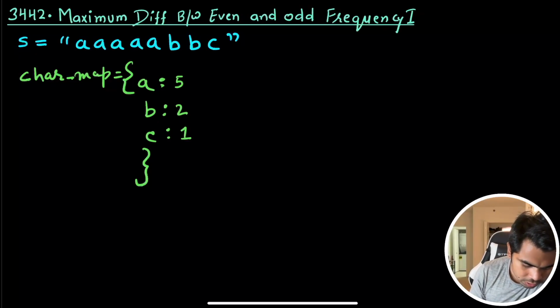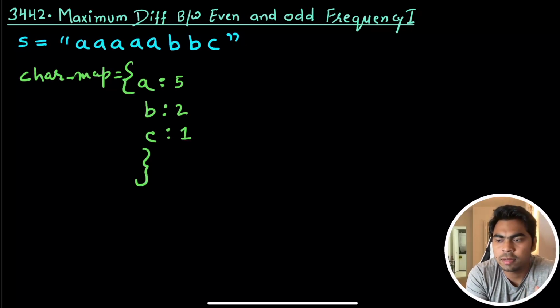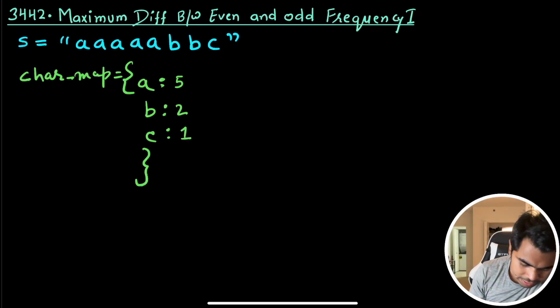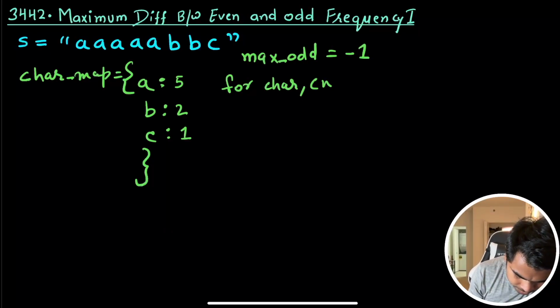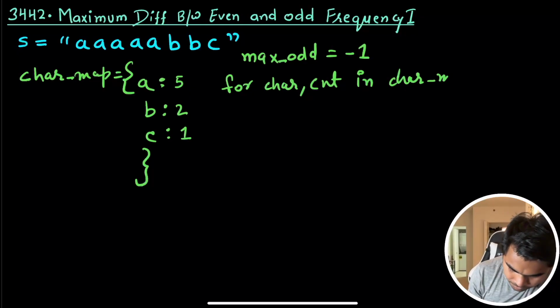So I can go through all these character counts, and initially, for the sake of tracking the frequencies, I'll say max odd currently is -1, and then I can visit all these frequencies. For character and count in char map dot items, I'll be visiting all these items.